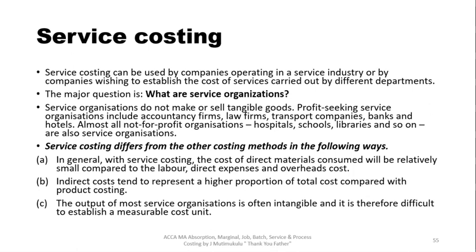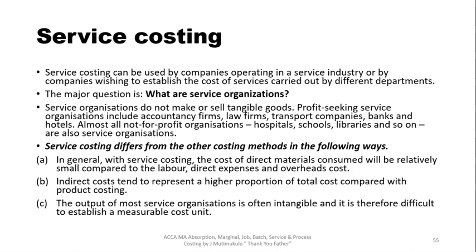Service costing differs from other costing methods in the following way. In general, with service costing, the cost of direct materials consumed will be relatively small compared to the labor, direct expenses, and overhead costs.